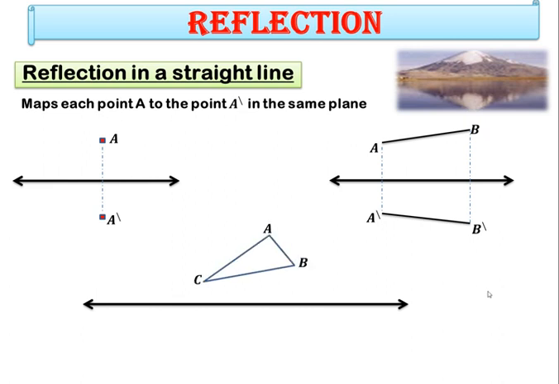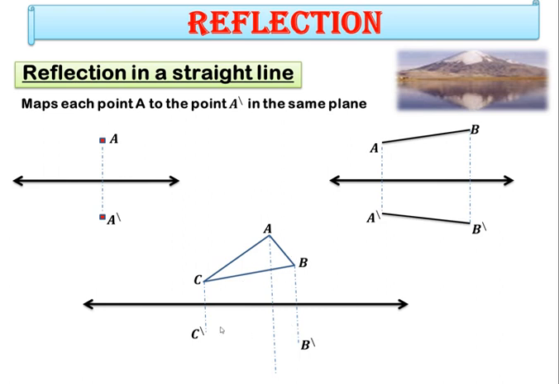Next, the image of a shape or geometrical figure such as a triangle ABC. First, like the image of a line segment, we must get the image of each point of the triangle. To get the image of the triangle, first get the image of A by the same distance from A to the reflection line, and the same for B and C. Then we get the image of the three points.